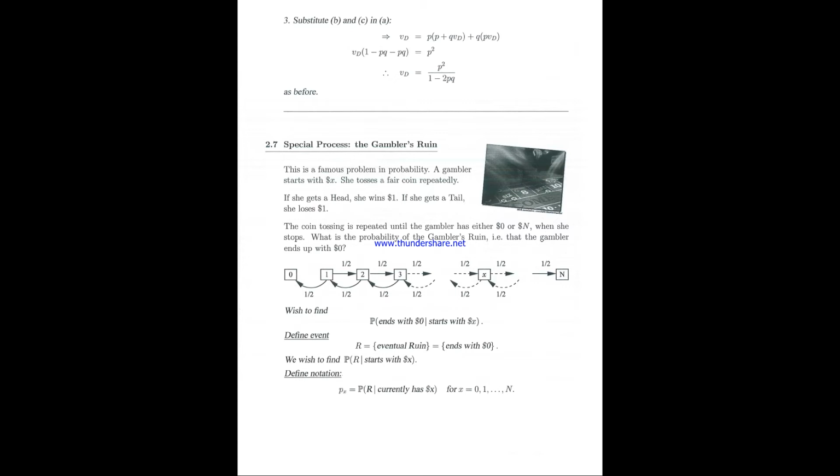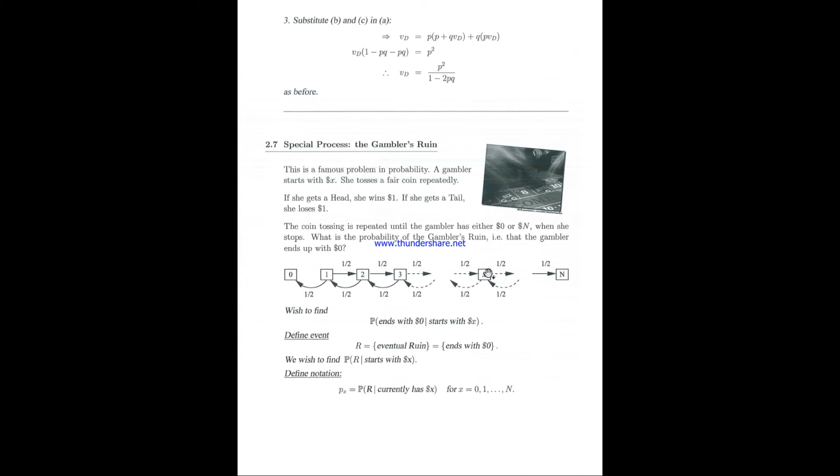Just to illustrate the problem, we were looking at this figure. You have X amount of money in your hand, and when you toss the coin, you can move to the next step with 0.5 probability, that is you will end up with X plus 1 amount of money. Or at the same time, if you receive a tail, you have 0.5 probability to move backward, that is you'll end up with X minus 1 amount of money.